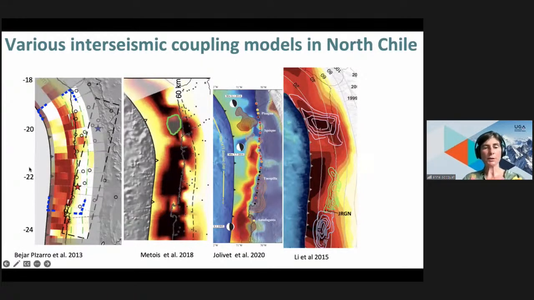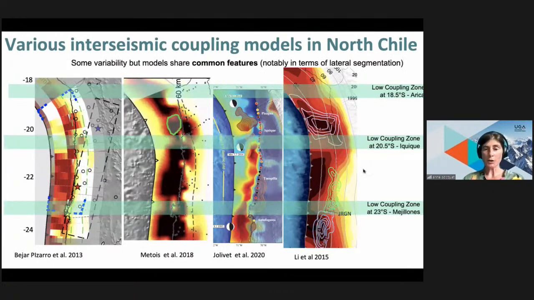Okay, so let's do some kind of synthesis. You have here, as Francisco has shown yesterday, several interseismic coupling models in North Chile. At first sight, we have the impression that they are quite different from each other, but we can still see some common features, notably the low coupling zones that are present in all the models.